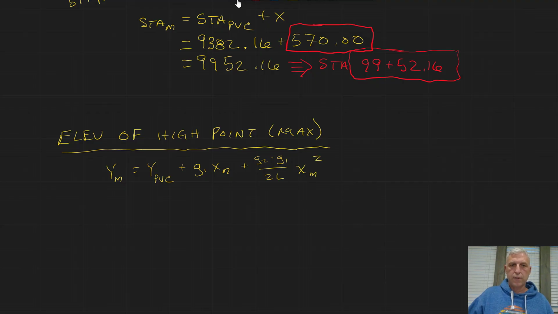And I can write my givens down over here, where y PVC equals, and what was it, 41.76.